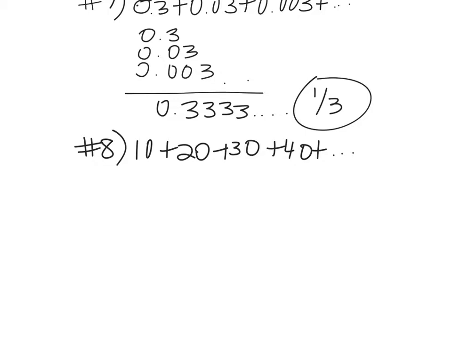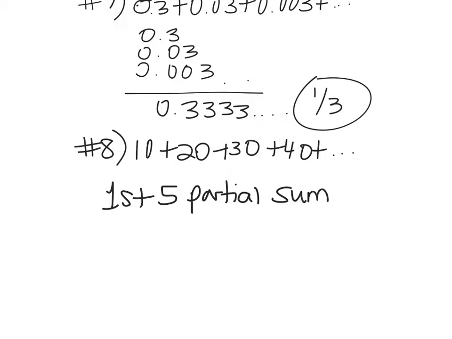But they are going to ask you to find the first 5 partial sums. And I don't want you to be alarmed when you see it. It looks kind of weird. The first 5 partial sums is basically just you're going to do the sum of one number, then you'll do the sum of two numbers, and you'll do the sum of 3 numbers, 4 numbers, and then 5 numbers, okay? And they write it as in a bracket type of thing.